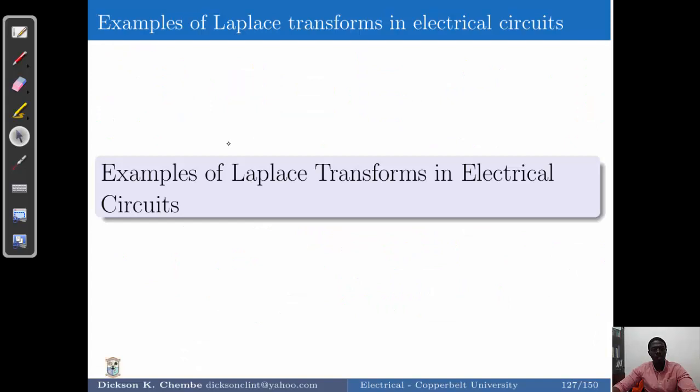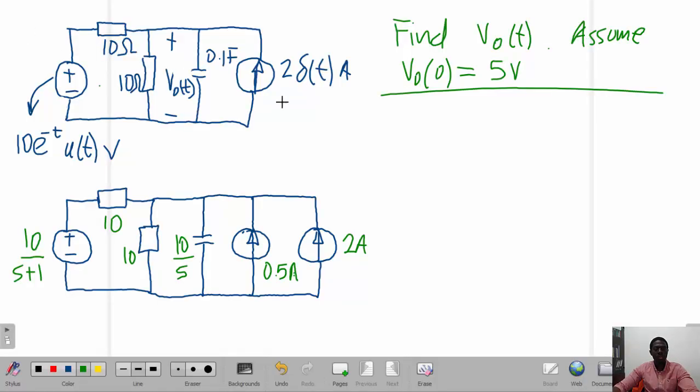Now let's look at example 2 of the Laplace transforms in electrical circuits. The question says you have a voltage source of value 10 e to the minus t u(t) volts, and then you've got 10 ohm resistors each, and then you've got the voltage V naught at t, which we've been asked to find, and the capacitor value is 0.1 farads.